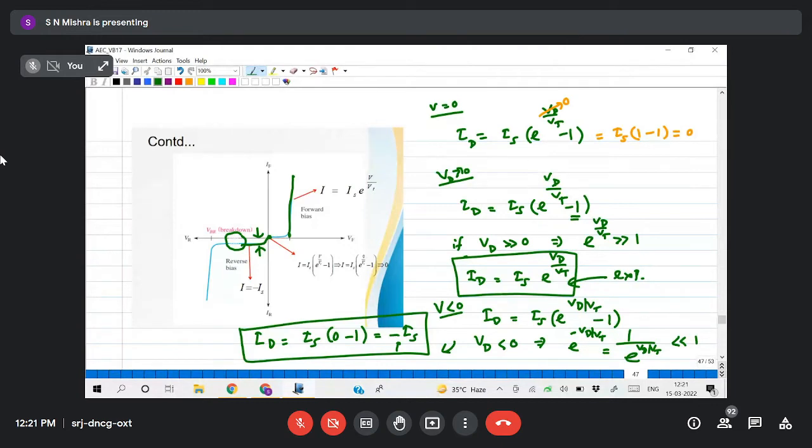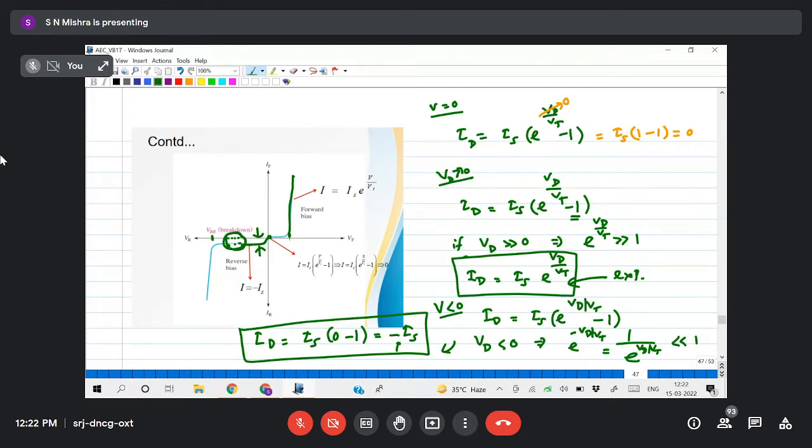It varies. So in general, at some point it will break. To indicate that, this dotted portion is mentioned in the graph. Clear? Any doubt?